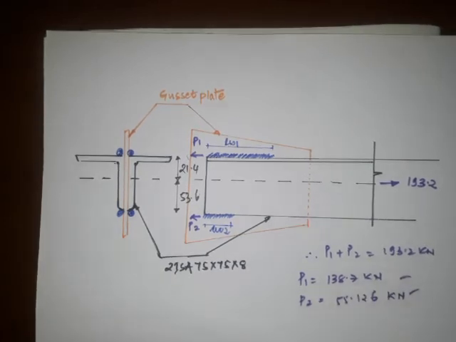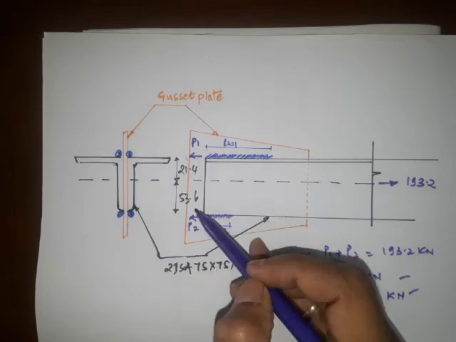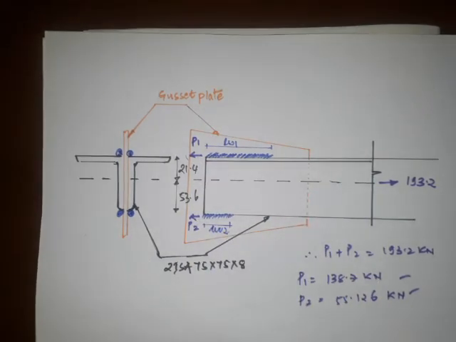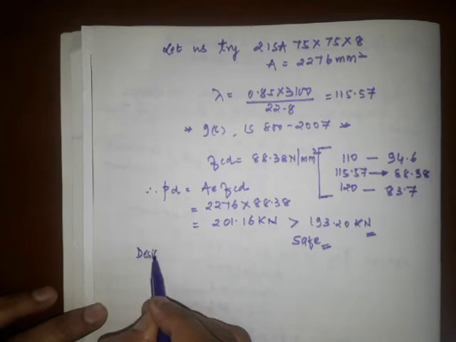So we got these two, by using the Varignon's theorem, taking moment of P1 about P2 or P2 about P1. Then what you have to do, you have to design the connection. You have to find out the length of weld LW1 and LW2. For that, I'll write here design of connection.